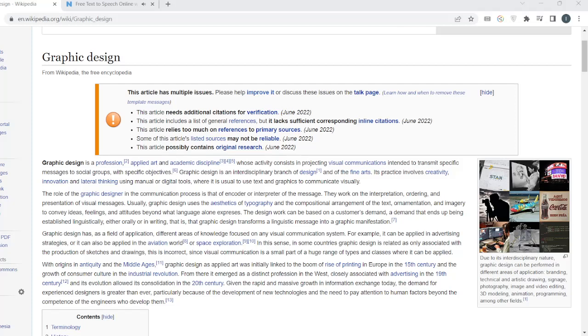Jan Tschichold codified the principles of modern typography in his 1928 book, New Typography. He later repudiated the philosophy he espoused in this book as fascistic, but it remained influential.